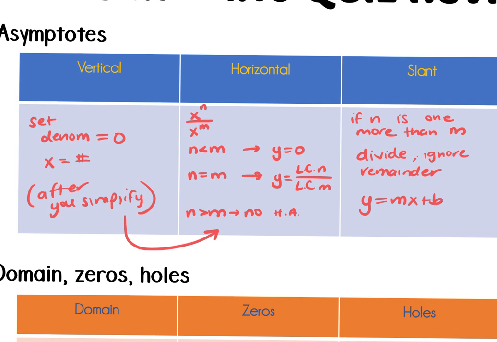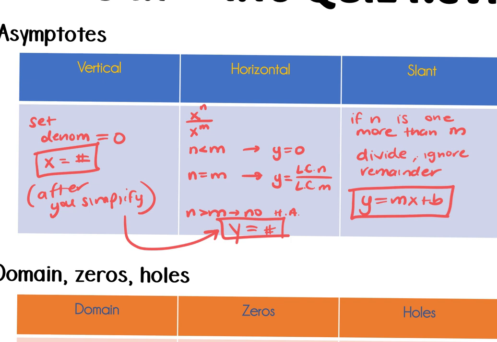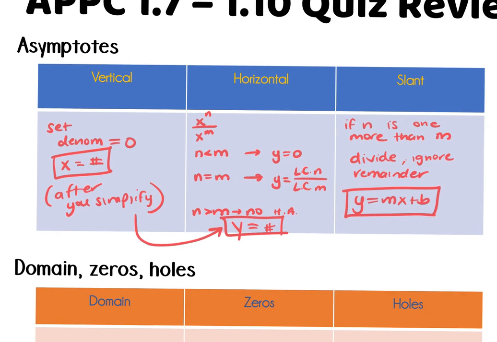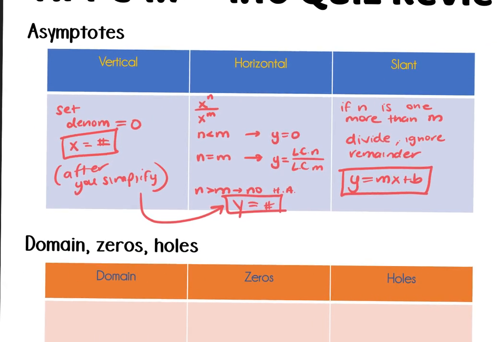Oh, and these need to be a y equals equation. So this is x equals, horizontal is y equals, slant is y equals. And again, that happens after we simplify.